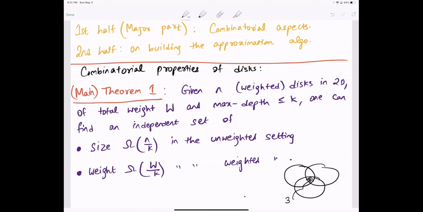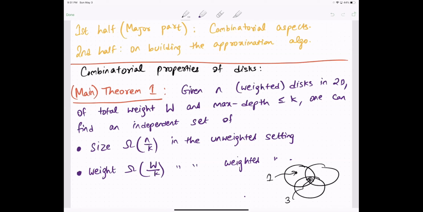For example, it's 1 here, because given a point here, the number of disks which cover it is 1. So in general, in this two-dimensional plane, given these 3 disks, the shaded region is the region which has the maximum depth. That is 3 in this case.